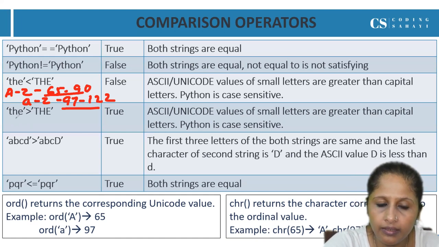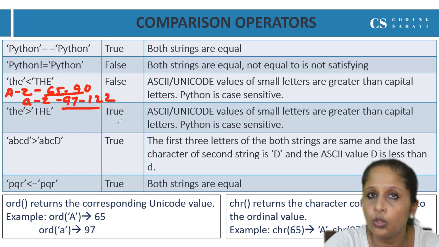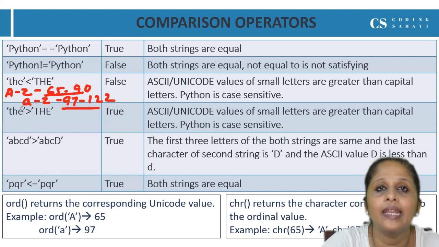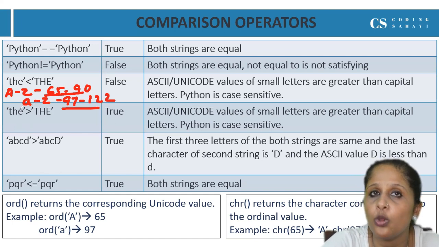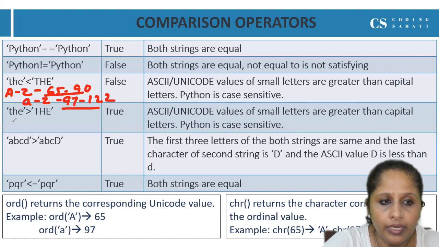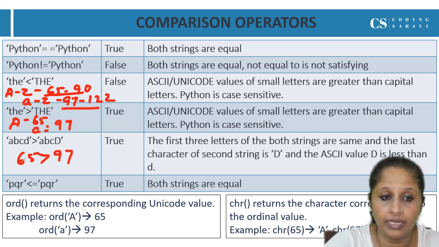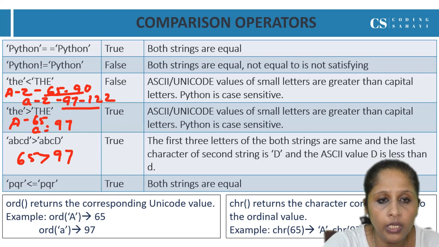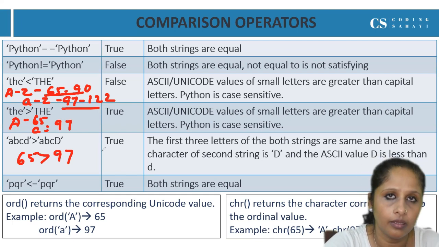If you check "the" greater than "The", you get true. The small letters are greater than capital letters based on the ASCII codes. Capital A is 65 and small a is 97, so it checks 65 greater than 97 in this way. Based on the ASCII or Unicode, you get this result.